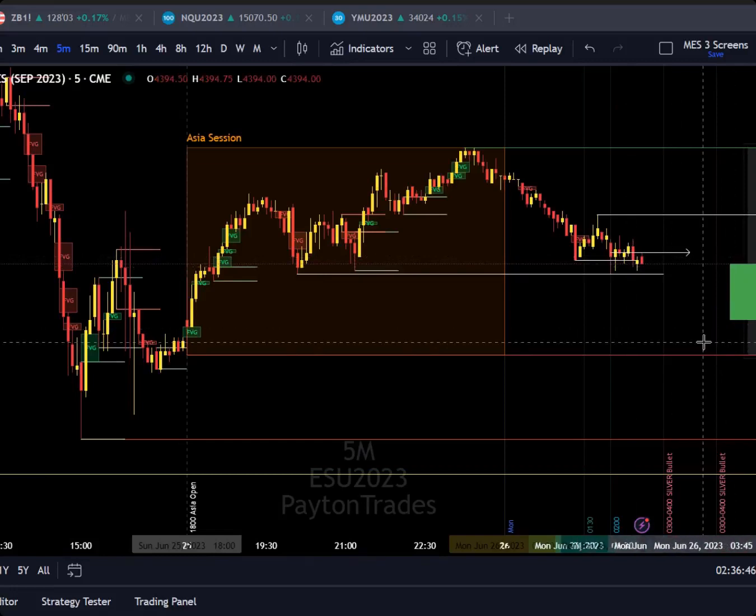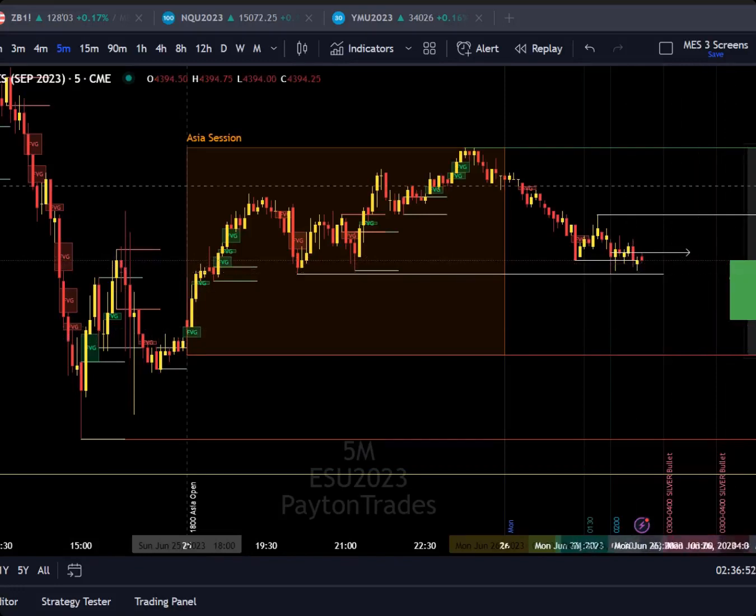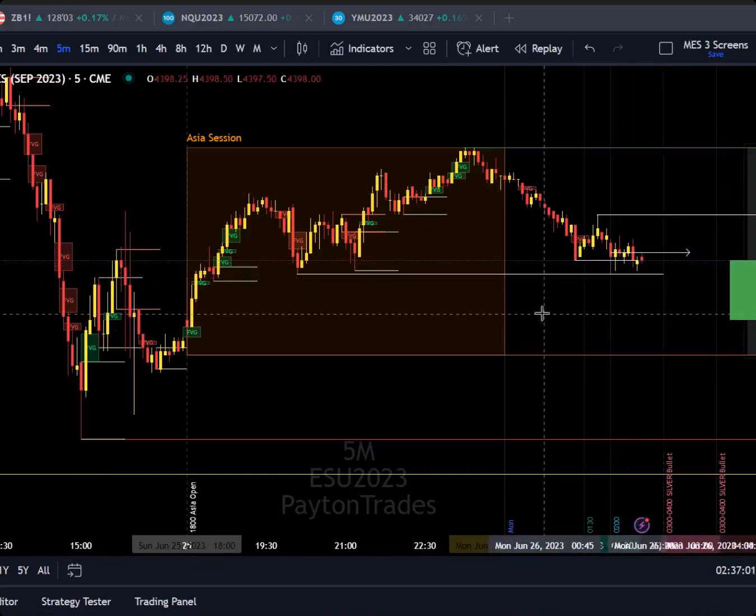If it breaks down, it shows it's only going to fake out to trap us, then it'll trade back up. That's the manipulation. So it's consolidation, manipulation, distribution. Called the power of three. You'll learn that as well.